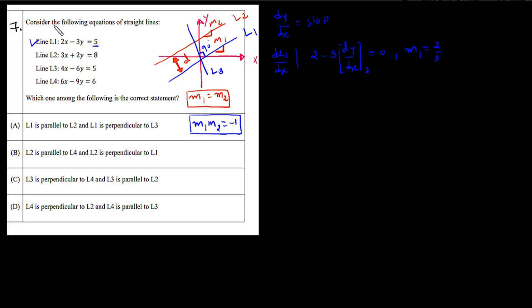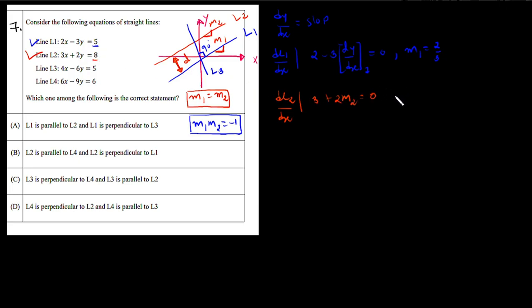In the same way, del L2 by del x, which is the slope of the second line, is simply 3 plus 2m2, where m2 is dy by dx for this second line. I directly replaced this term with m2, and again the right hand side will be 0 because again there is a constant.